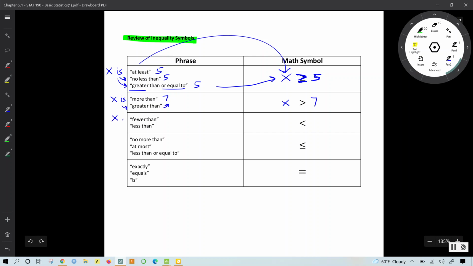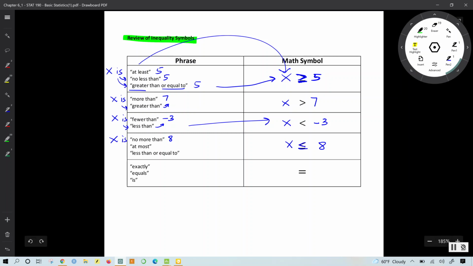And then if we have x is fewer than -3, it means x is less than -3. That goes without saying. Then what about if x is no more than 8? No more than 8 means x can be equal to 8. No more than 8 means it is bounded above by 8 as the highest value.